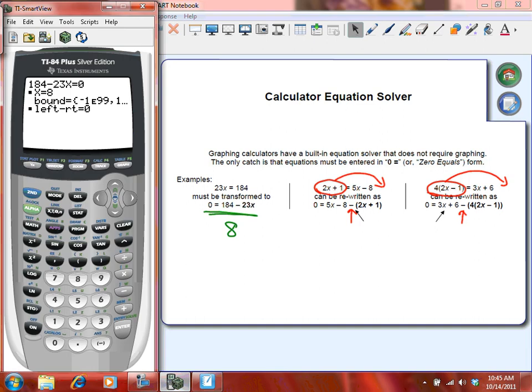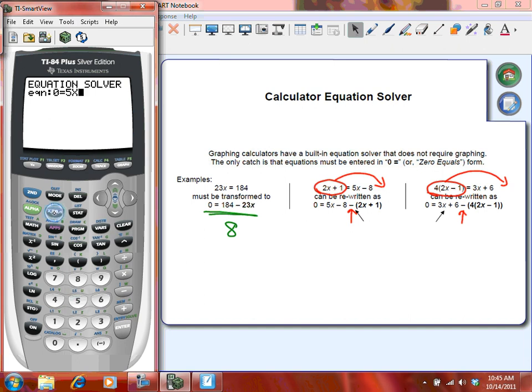I want to type in the next example. In order to get back to the equation solver, the fastest way is to use the up arrow key. If you go up arrow, notice it'll bring back the equation solver. You can get rid of this first equation by hitting clear and type in your new equation. So now we're going to type in the second equation. Here we go.